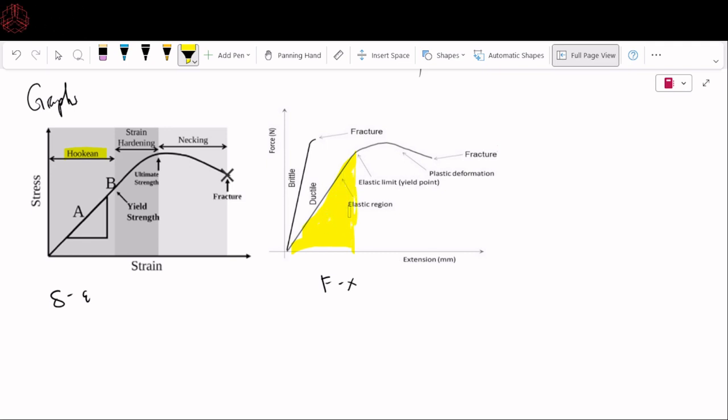Okay, so what happens in this Hookean limit? Hooke's law is obeyed. F equals negative kx. That means in the Hookean limit, it obeys Hooke's law. Now, if you keep on pulling, what happens then? Well, before you reach the limit, this is what we call the elastic deformation.